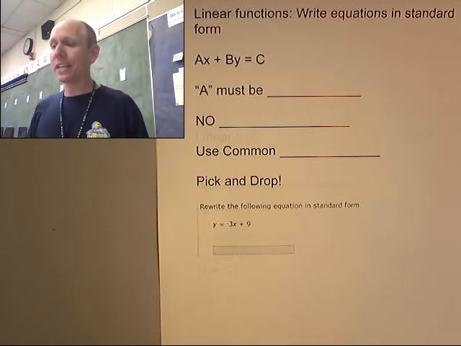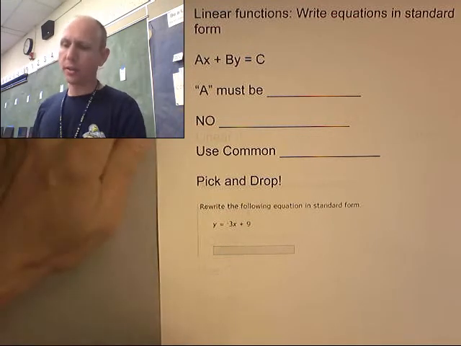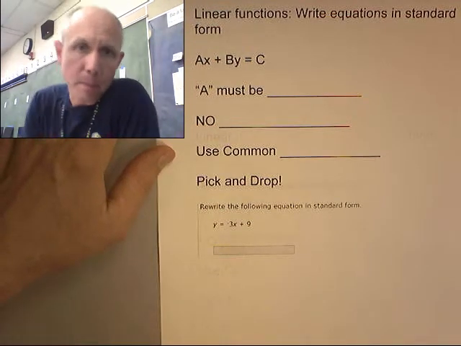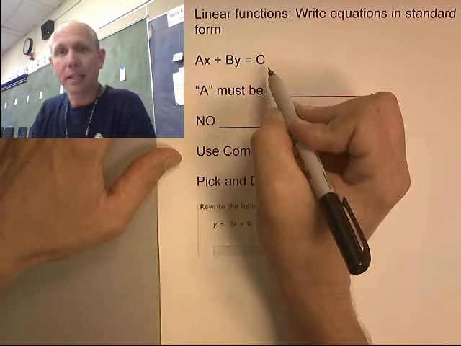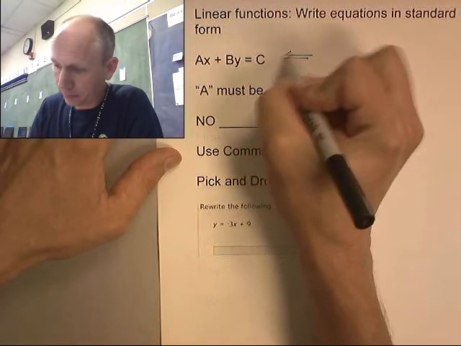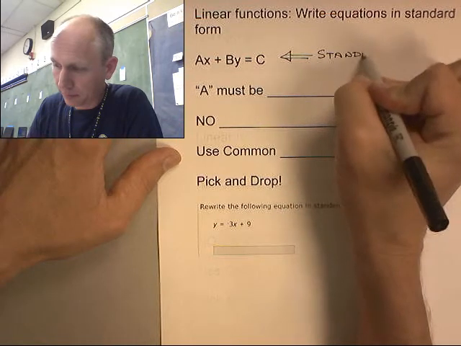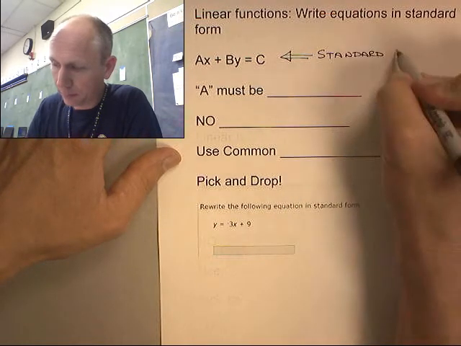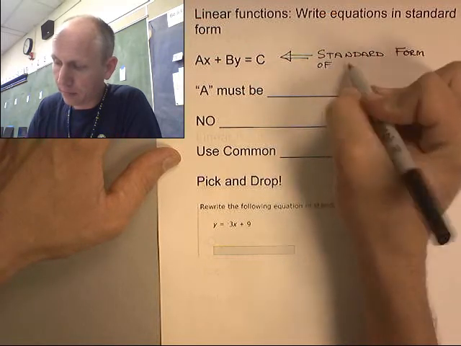We're talking about writing equations in standard form. Now, we've been dealing with slope-intercept form, but now we're going to deal with standard form. This is standard form of a line.